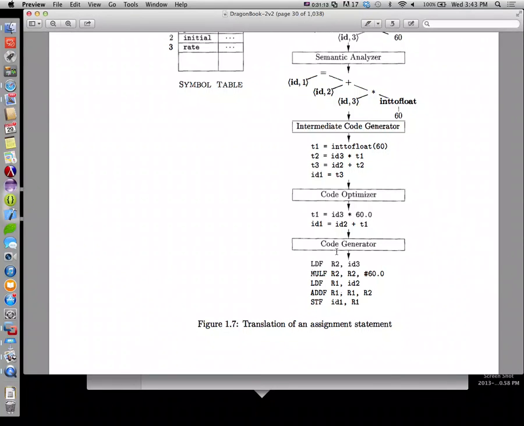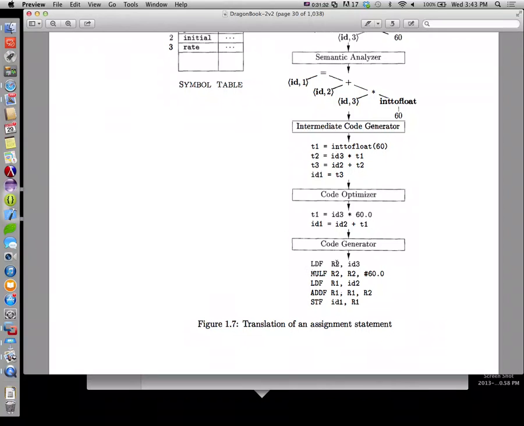So at the end here, we get the code generator. And the code generator is going to do what we did up here, but for real. This is actual assembly code.